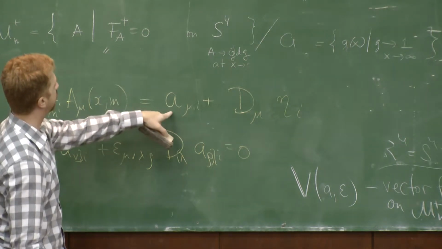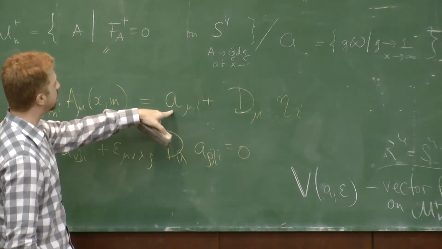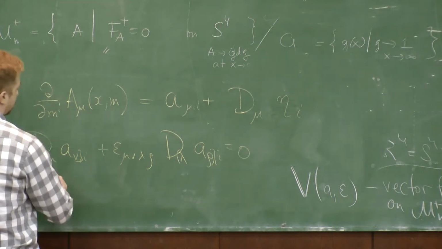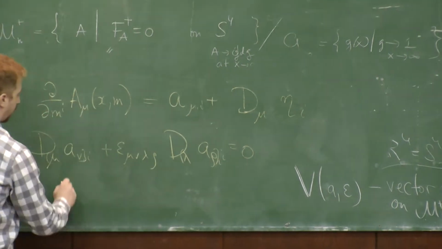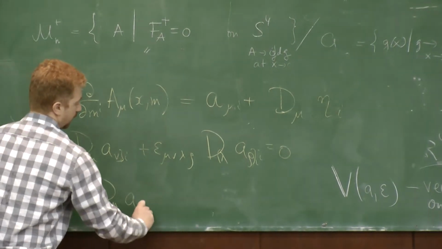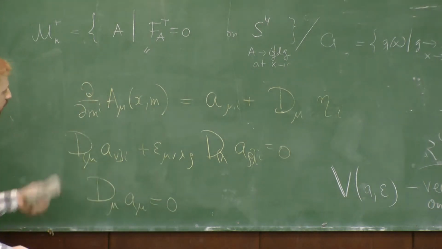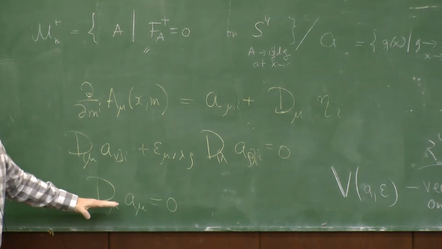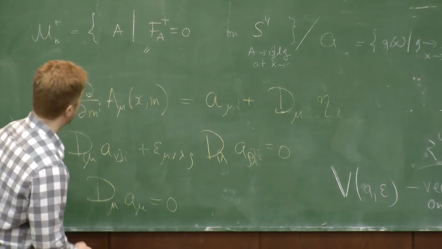These are the so-called zero modes, which are normalized. First of all, they obey the linearized instanton equation, and then they obey my gauge choice. I'm choosing the background Coulomb gauge, Lorentz gauge, for every I.